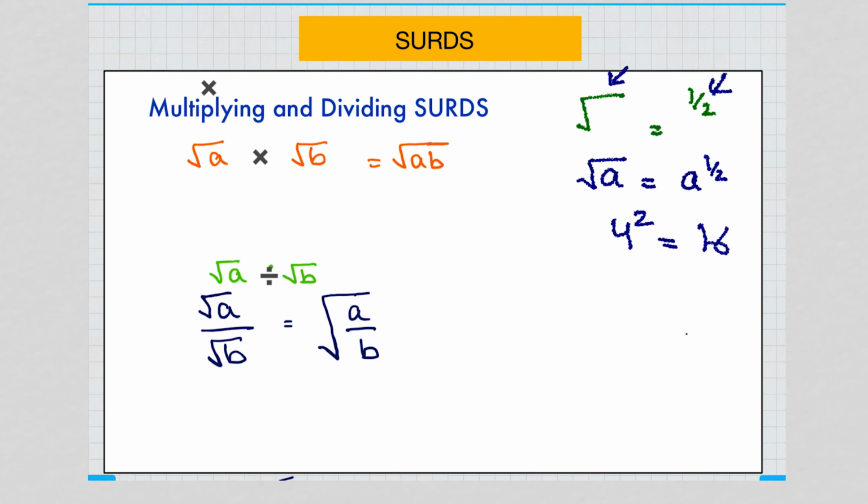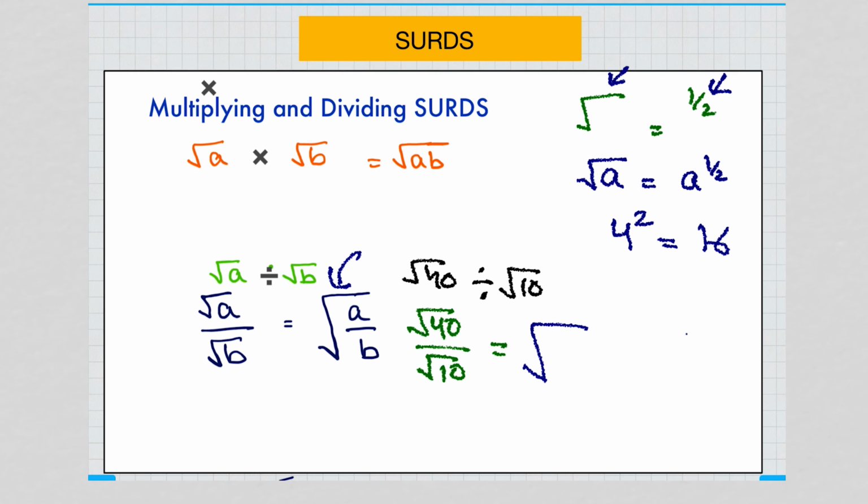One example I can give you here. If we got root 40 divided by root 10, you can write it in fractional form as well, like root 40 over root 10. And then in the next step, exactly as it's shown here, I can write it in 1 surd, 40 over 10.